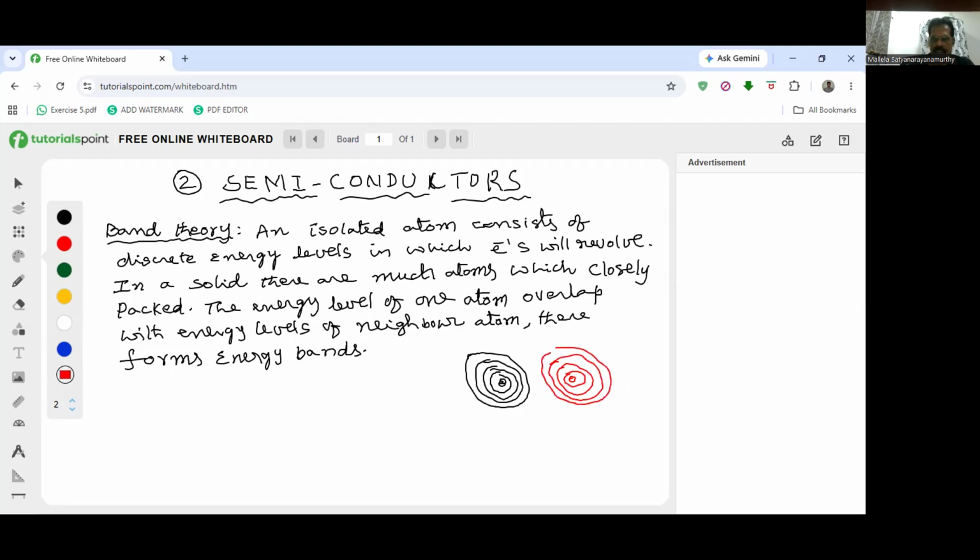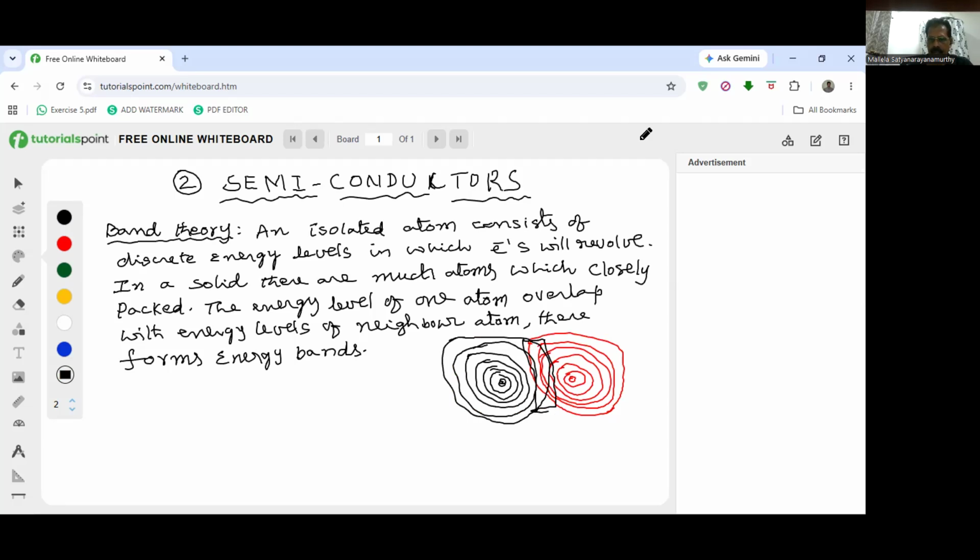So these energy levels of the neighboring atom will overlap with the energy levels of another atom.